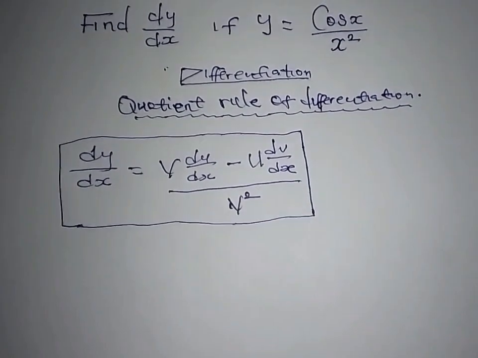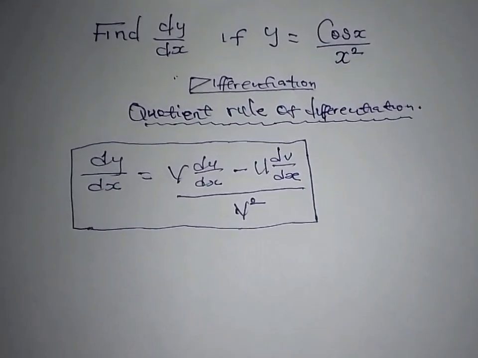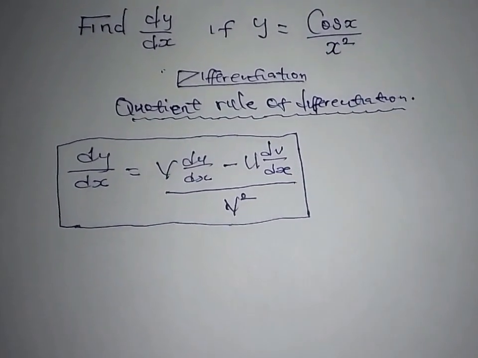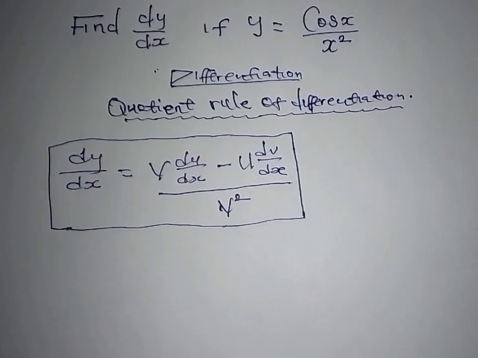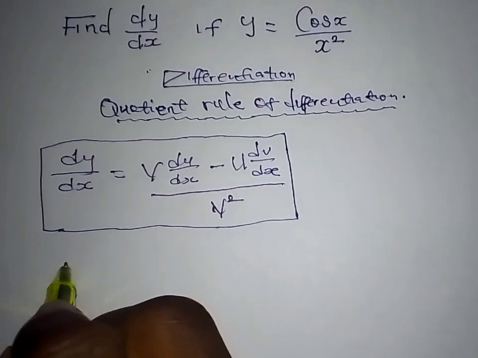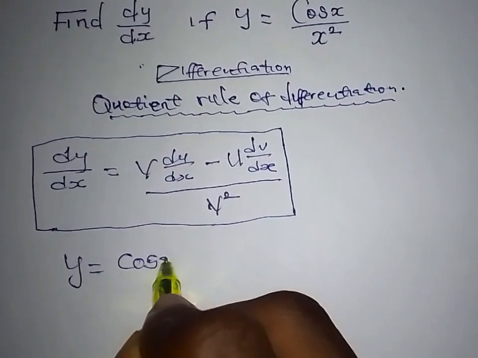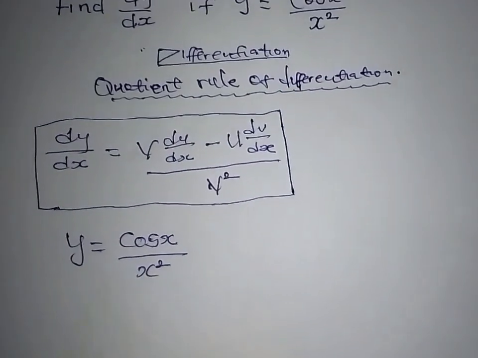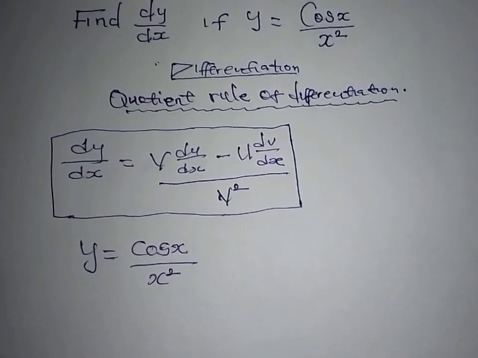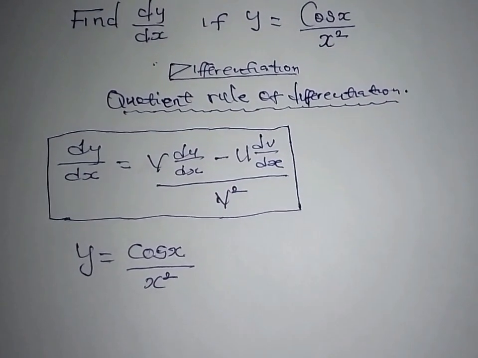Okay, now the next thing is to understand the one which is u and knowing the one which is v. They give us y equal to cos x all over x squared, and they said we should find dy all over dx.